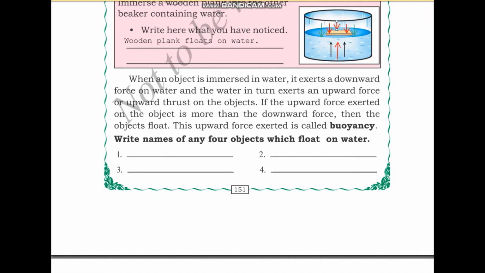This upward force that is exerted by the water is called buoyancy.